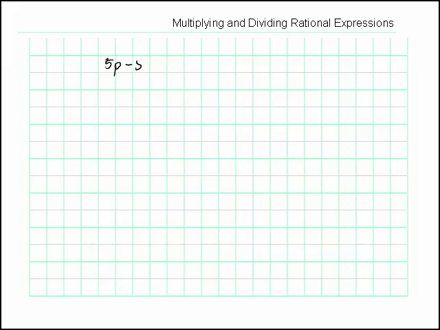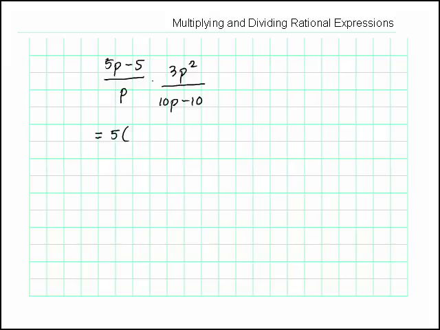Let's try another one very similar to that. 5p minus 5 over p times 3p squared over 10p minus 10. Okay, I'm going to factor everything first.